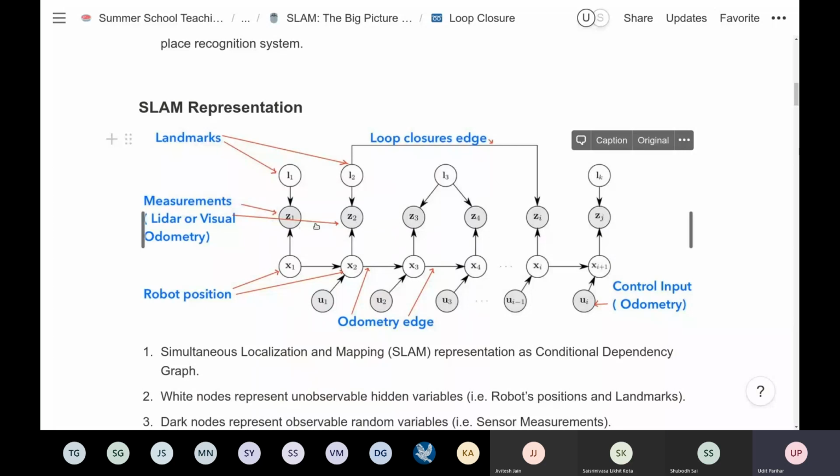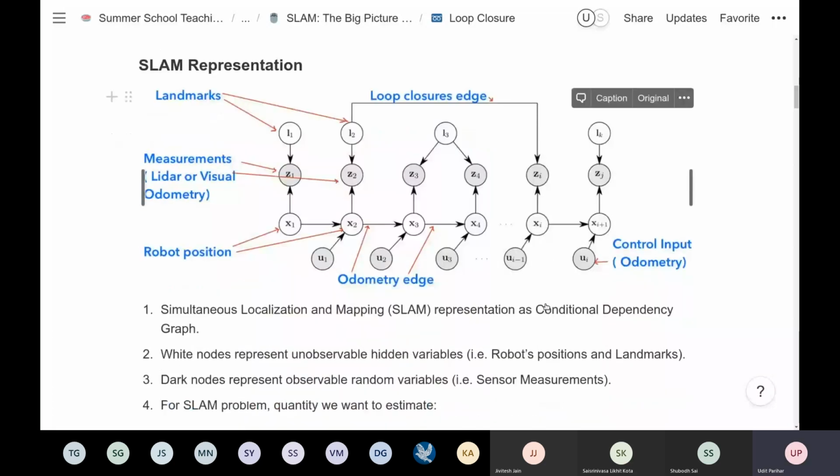Z1, Z2, Z3 are your sensor measurements. It can be your RGB measurement or your LiDAR measurement. Again, X1, X2, X3 are unobservable random variables, and these are robot positions. And U1, U2, U3 are your wheel odometry or your control input. You know the value of your control input, that's why these are observable random variables.